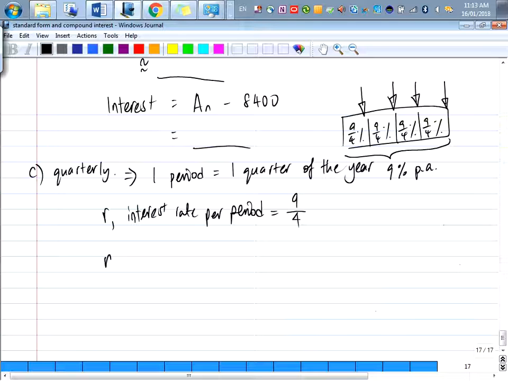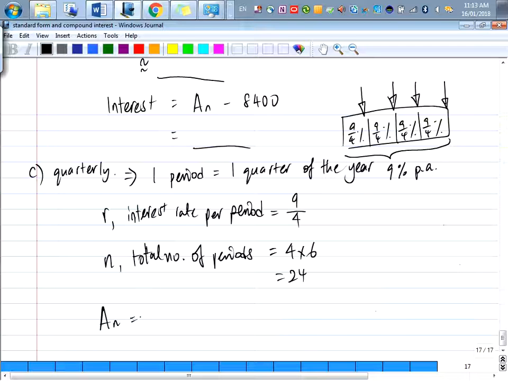Next thing, I need my total number of periods. This will be 4 times 6, which is 24 periods. Okay? With these two pieces of information plus my principal, I can now substitute them into my formula.